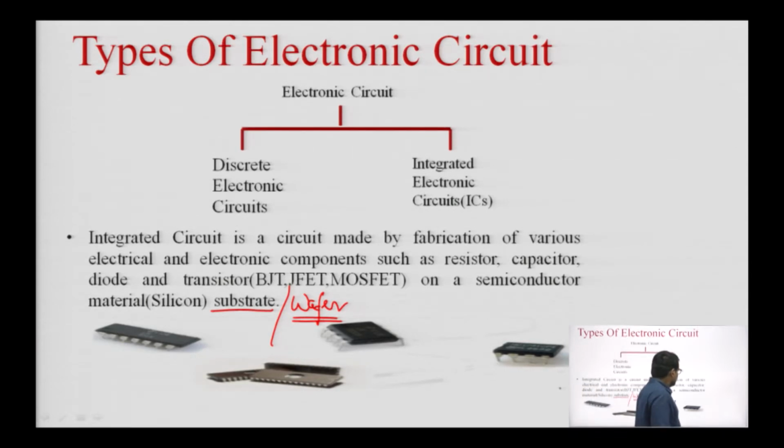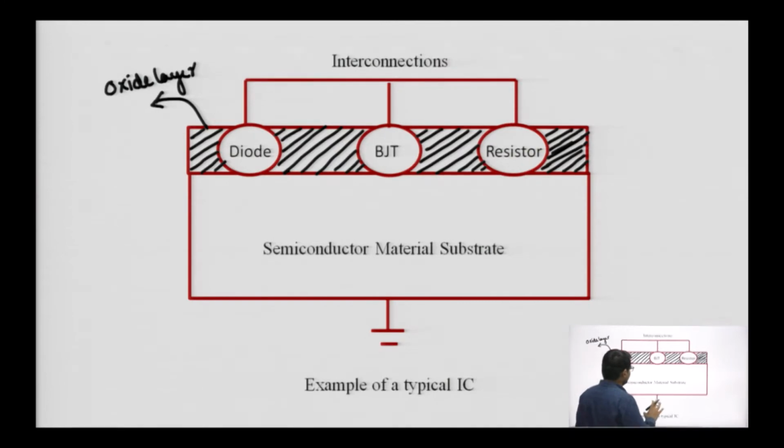This is the definition, and the important term is fabrication. What is fabrication? An integrated circuit is made with a special procedure, a process of steps, which is called fabrication. What are the steps involved in fabrication? Here we show a typical integrated circuit made on a semiconductor material substrate.